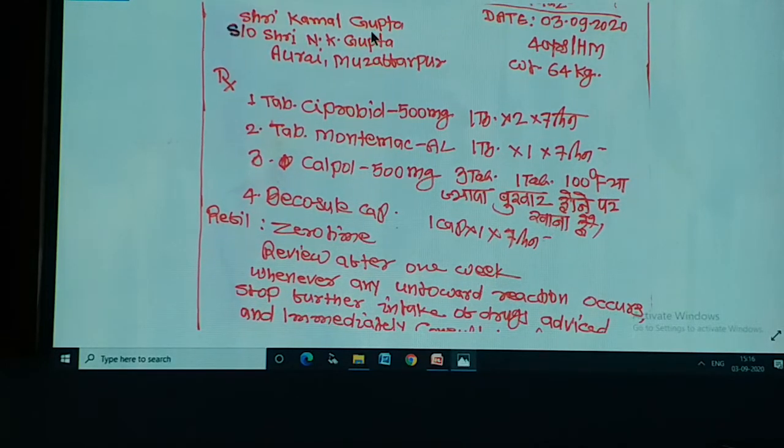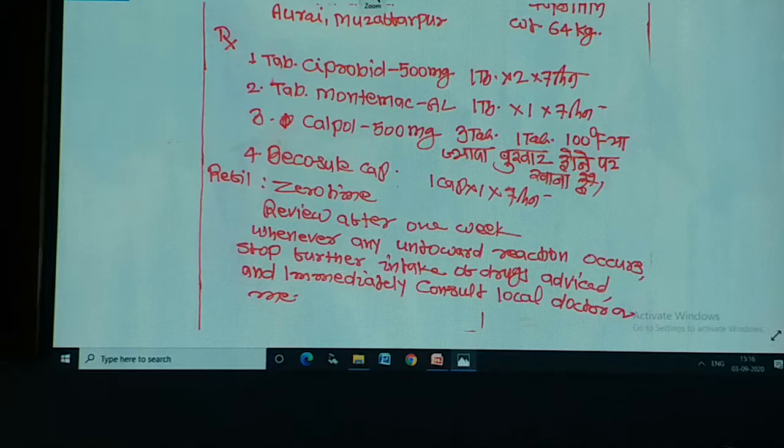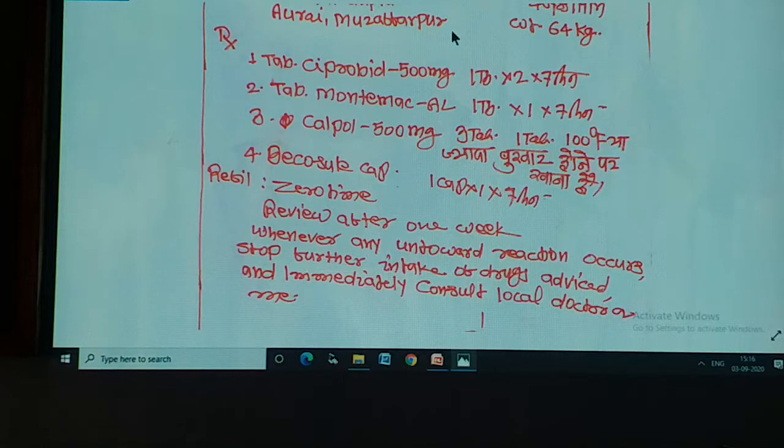Then tablet Montimac AL, one tablet to be taken orally once daily for 7 days. Third ingredient is Calpol 500 mg, 3 tablets. One tablet to be taken whenever body temperature is 100 degrees Fahrenheit or more.